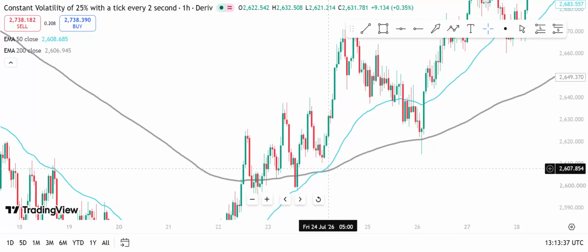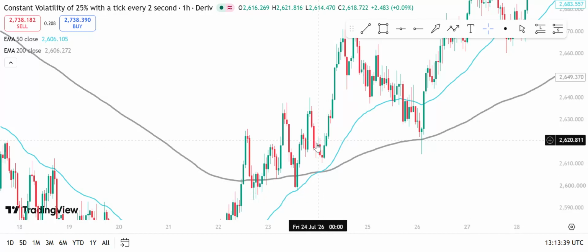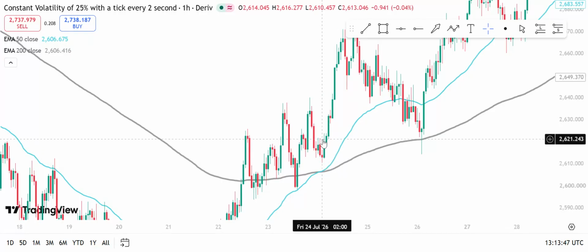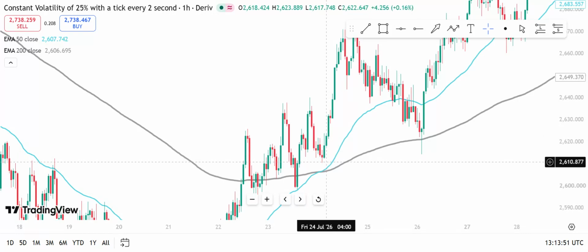And after this cross, we had an engulfing candle, a bullish engulf. This green candle here engulfed this small red candle after the cross. So that one is a strong buy signal.